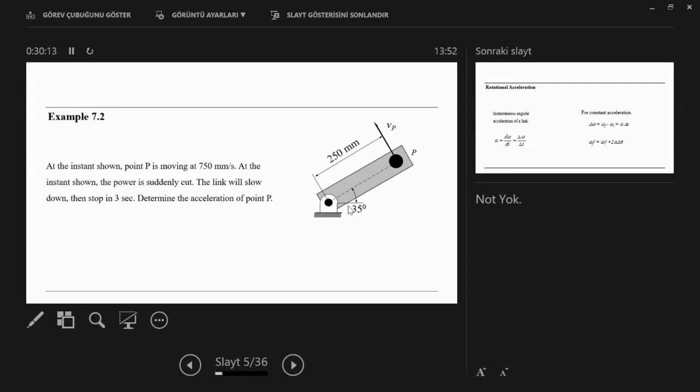And it has the speed. So the direction is not actually given. Stop means, yeah, from this speed, okay, it's correct. From this speed it goes down.